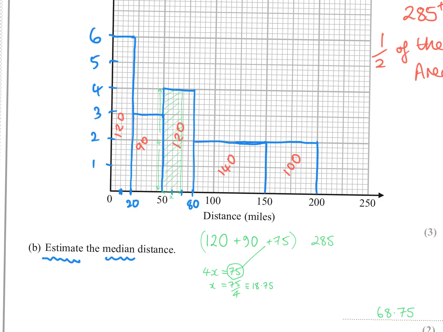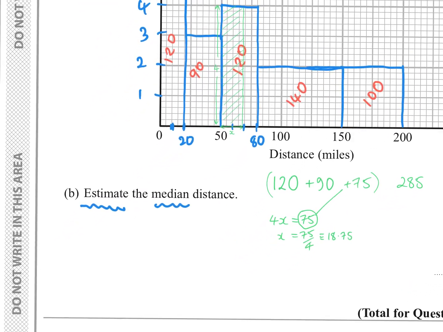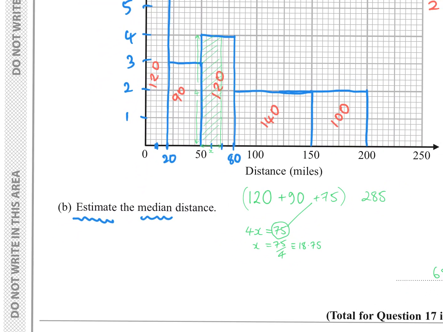Now there are going to be a few of you who don't like that particular method. So this is going to be a second method here. You've already gotten to 50 because you know that's the start of the class interval that the median lies in. So you've got 50 plus, and you want your bar to have the area of 75, but it's compared to the whole area, which is 120.